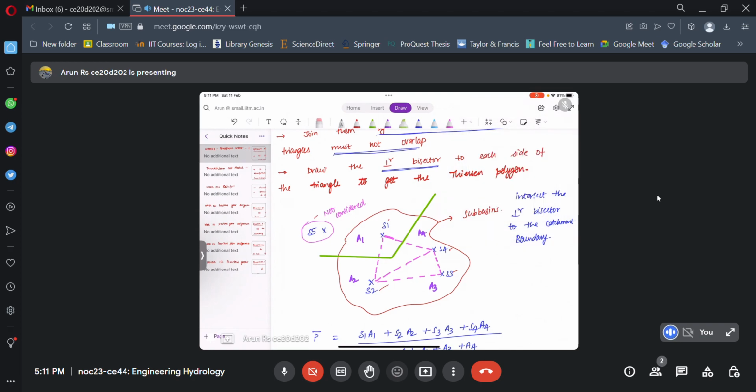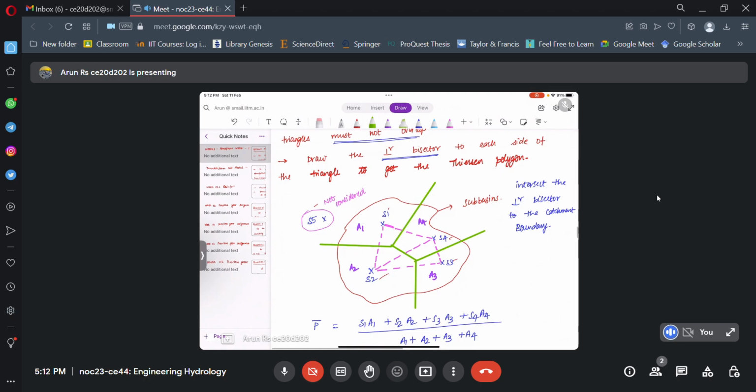For this particular side, I'm going to draw a perpendicular bisector like this. Then continuing, this is your Thiessen polygon, and A1, A2, A3, A4 are the influence areas.